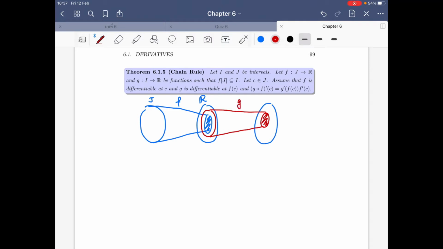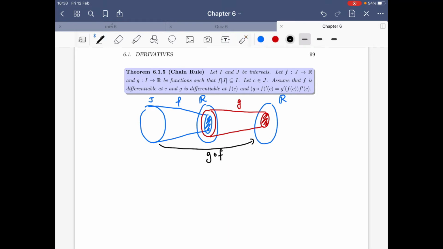This is your g. And then here is your g composed with f. From the chain rule, as you learned before, the derivative of this composite function at the point c, if your f is differentiable at c and your g is differentiable at f c, then g o f is differentiable and its derivative at this point equals g prime at f c multiplied by f prime at c.